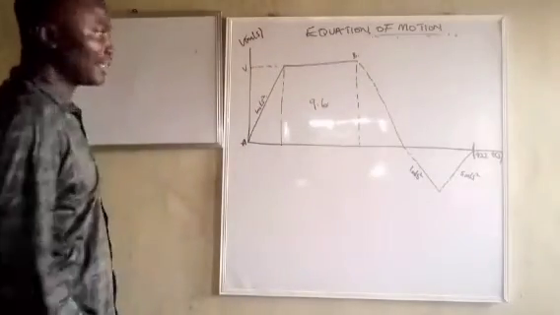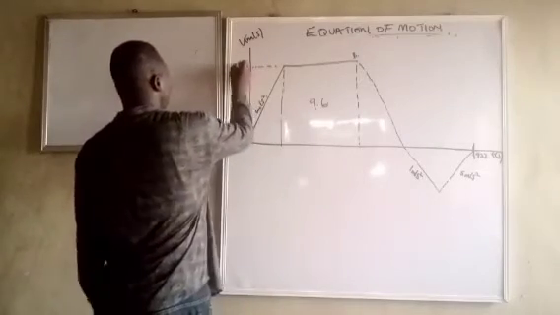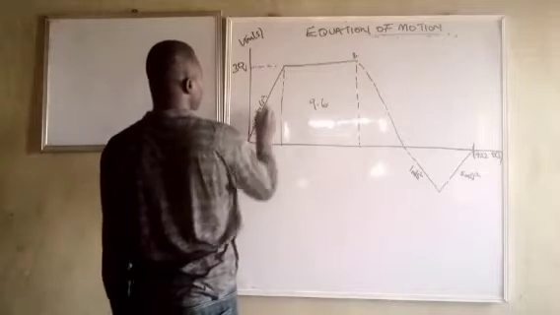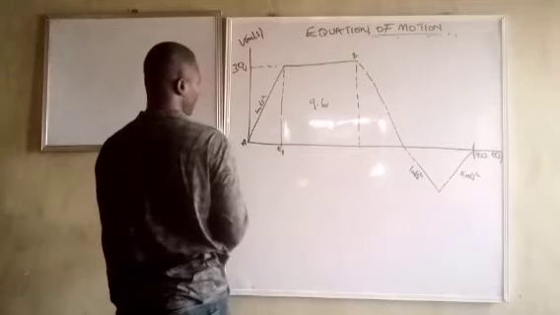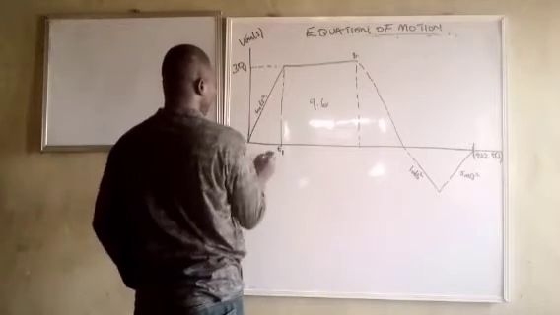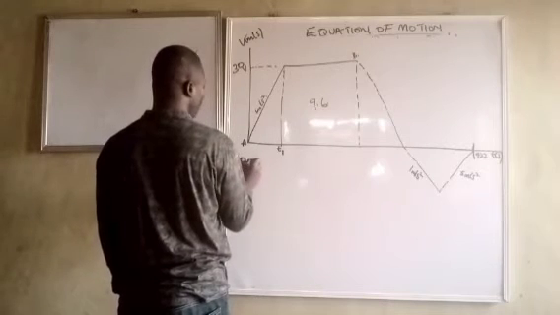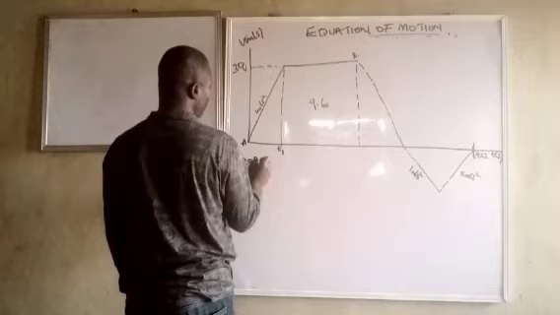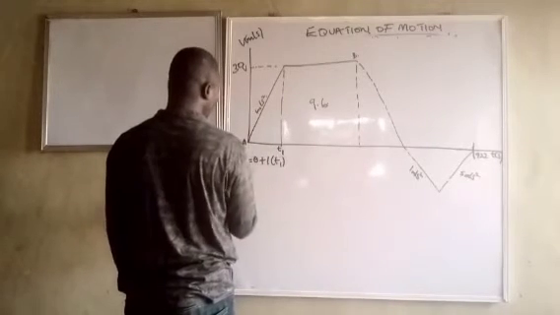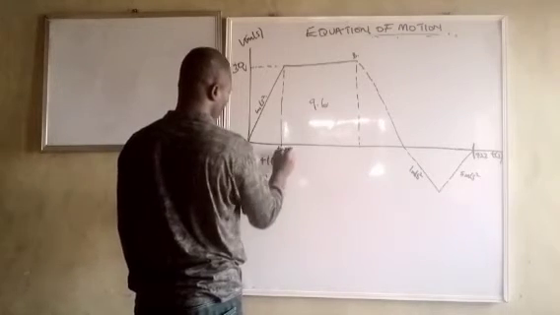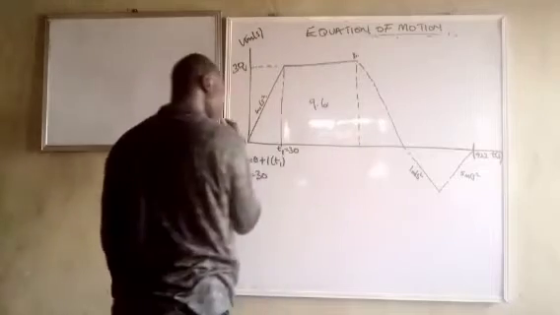Now let's look at what the whole graph is saying. We have already gotten this place to be 30. So it means that this place now, we can find it. How? We can say that 30 equals U, 0, plus 1 into T1. So T1 is equal to 30. We can also get this place, T2.